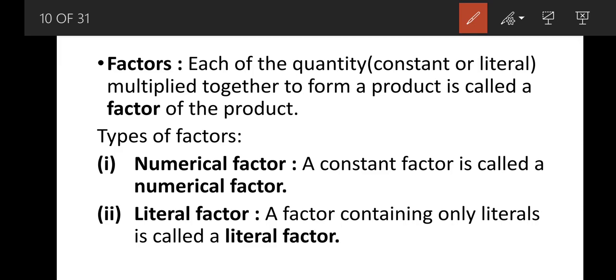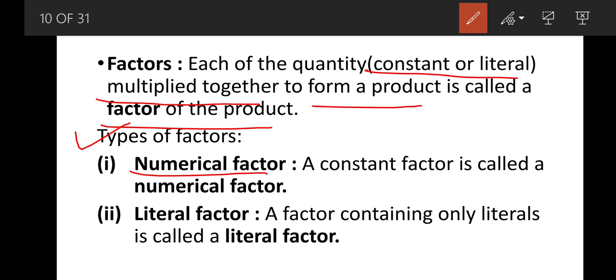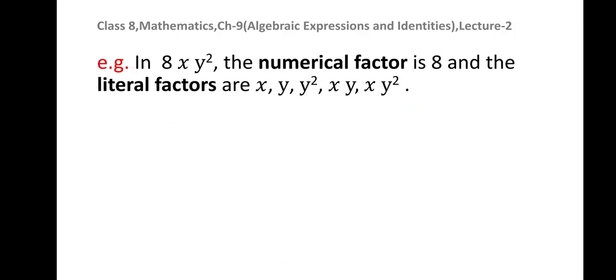Each of the quantities, whether constant or literal, multiplied together to form a product is called a factor of the product. And there are two types of factors. One is numerical factor and another is literal factor. Numerical factor: a constant factor is called a numerical factor. Literal factor: a factor containing only literals is called a literal factor.